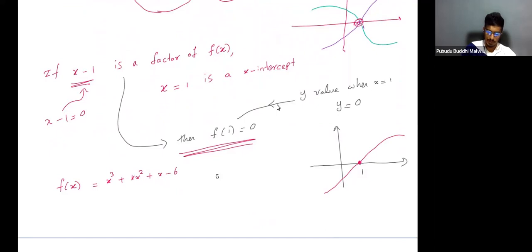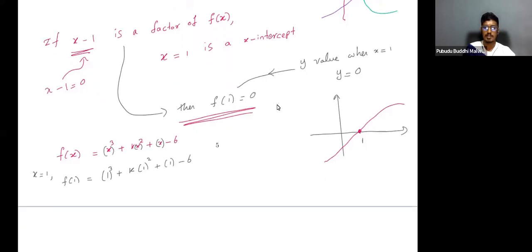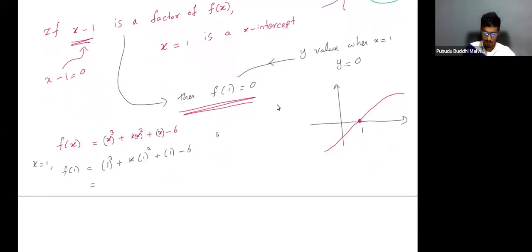So let me replace each x by 1, putting brackets like this. k times 1 squared plus 1 minus 6. Simplify each part. 1 plus k times 1, that is k, plus 1 minus 6. 1 plus 1 is 2, minus 6 is minus 4. So k minus 4. That is f of 1.